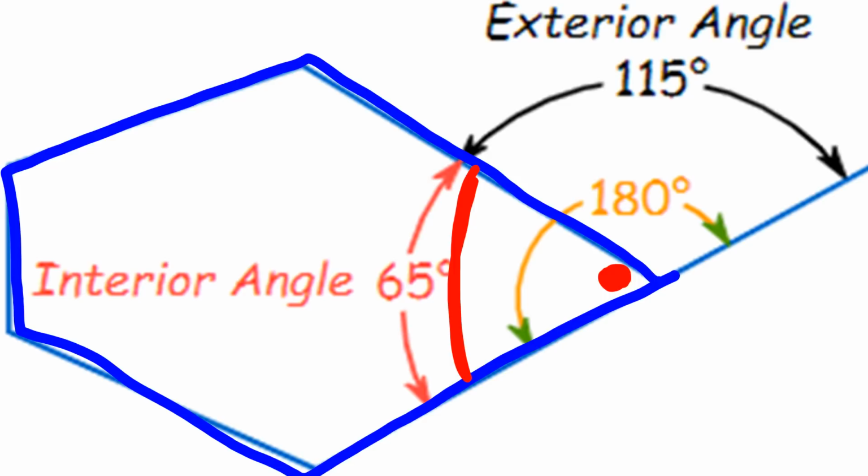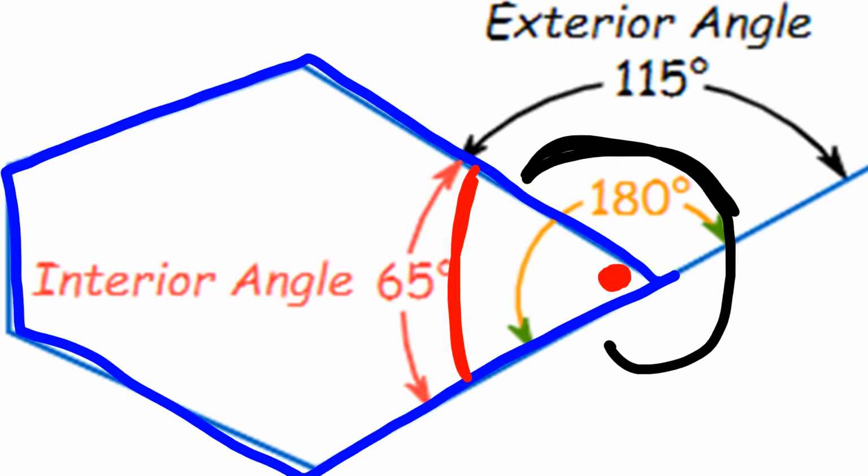When we talk about an exterior angle, we're talking about an angle that's being created on the outside of a shape, but it doesn't go all the way around. It actually just goes until this line that we've extended from one of the sides of the shape. So if you were to basically take 180 degrees minus the interior angle, that would get us this exterior angle, which is 115 degrees. So this is just a visual of what is going on when we talk about what an interior angle is and what an exterior angle is.